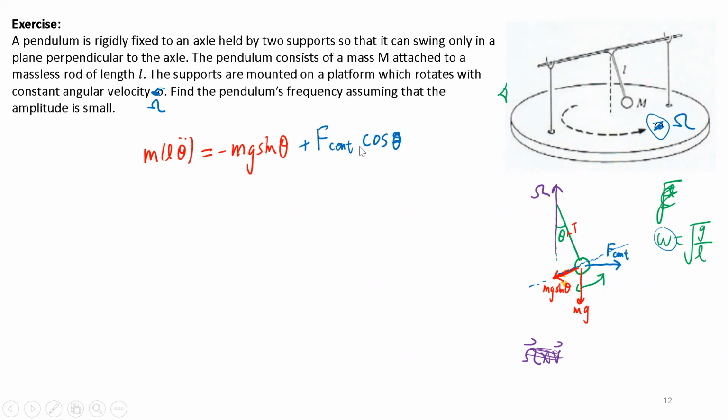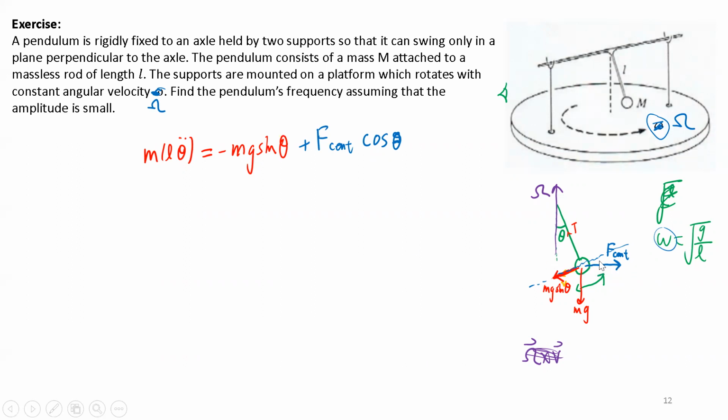So then what is this F centrifugal? That would be omega cross omega cross R. The direction you know already.